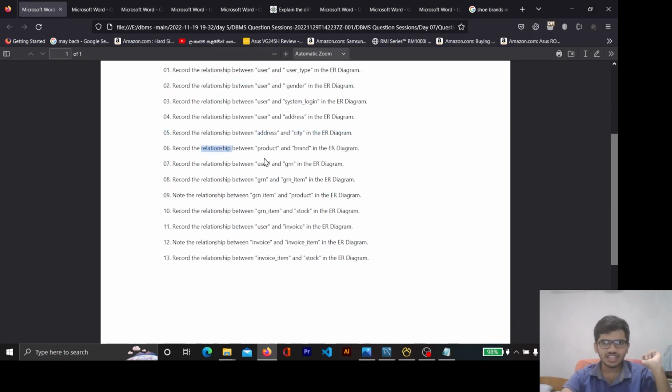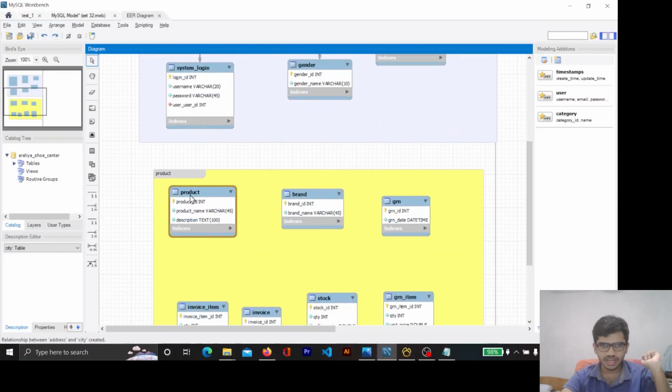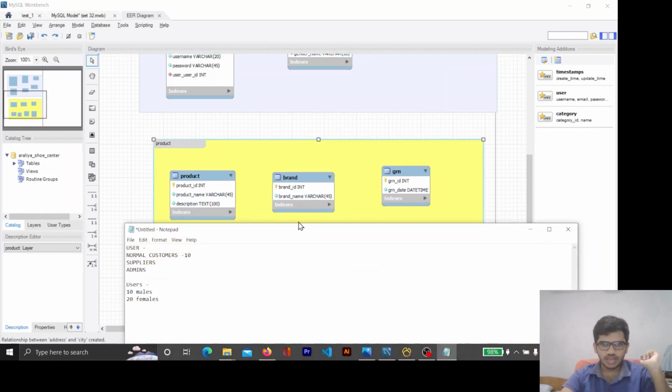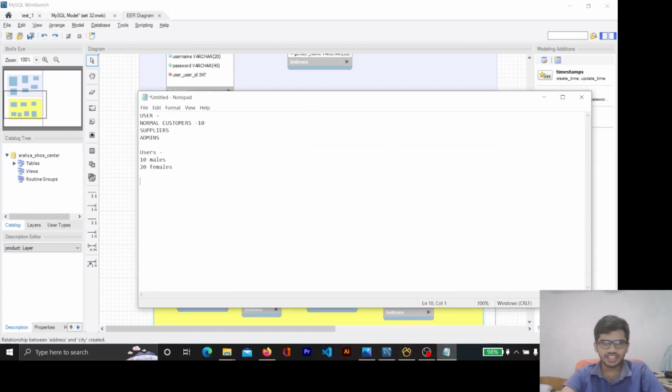The sixth question suggests that we have to find the relationship between product and brand table. So these are the two tables, product and brand. Let me get my notepad to explain how to create the relationship between these two. Suppose there are shoe 1, shoe 2, shoe 3, and the brands are DSI, Nike, Adidas, or whatever.